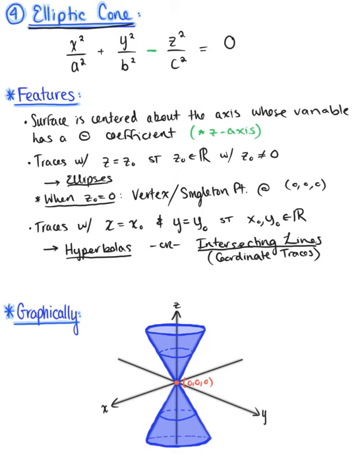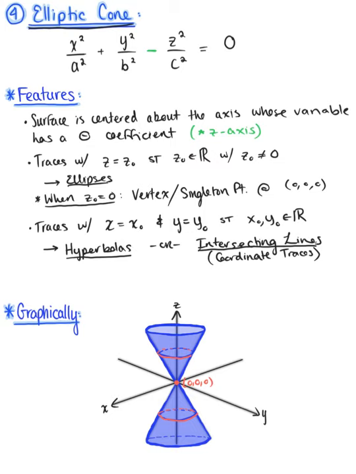So let's think about these traces on our graph. So again, we've already indicated that singleton point here at the origin, and then if we let z vary to a value greater than 0, we can see the trace is an ellipse. Same thing if we let z be a real number below 0, we have a trace of an ellipse.